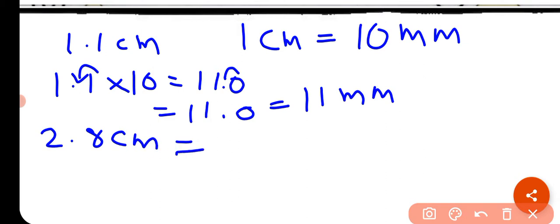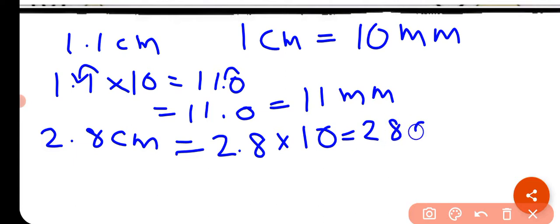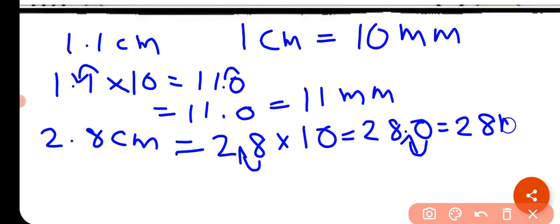which is equal to 2.8 into 10. First ignore the decimal. So 280. Then put the decimal one place to the left side. In the question, the decimal is one place to the left side, so in our answer also one place to the left side. So it is 28 millimeter.